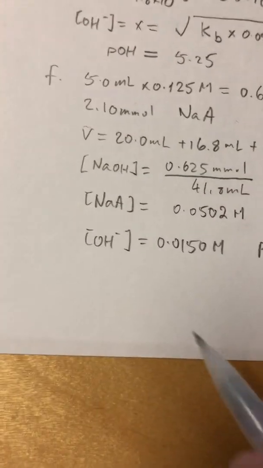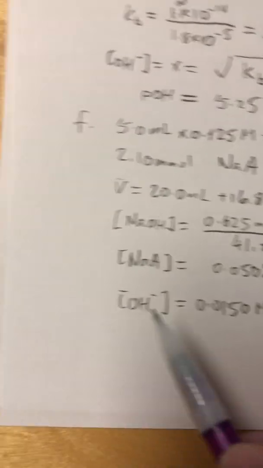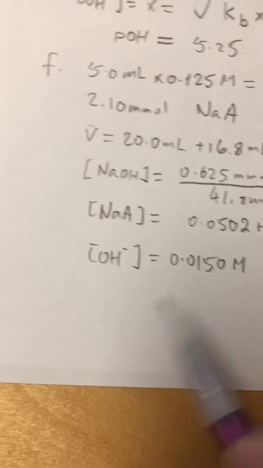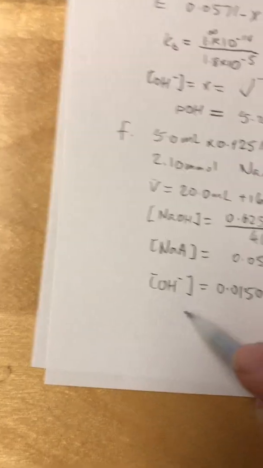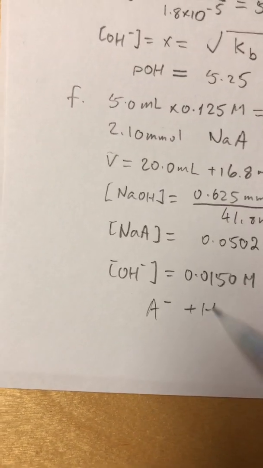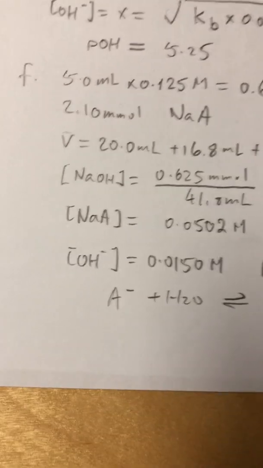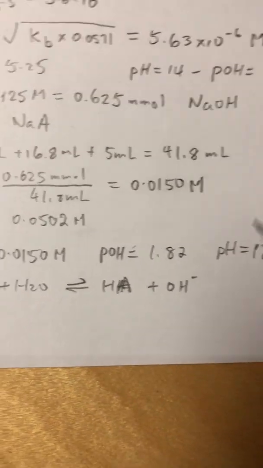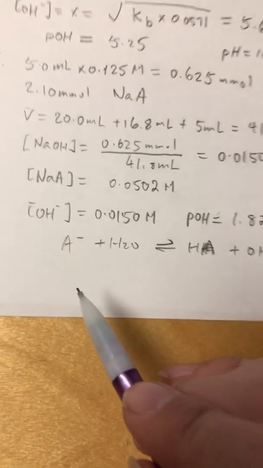If you really want to find out how much the sodium acetate, sodium A, will contribute to the total concentration of hydroxide, take a look at this ICE table. A minus plus water gives you HA plus hydroxide. I omit the aqueous sign just to make the writing a little bit shorter.